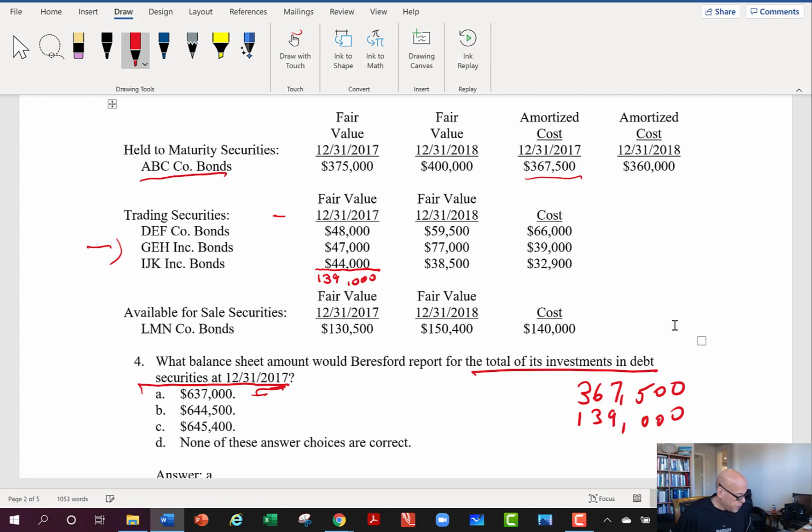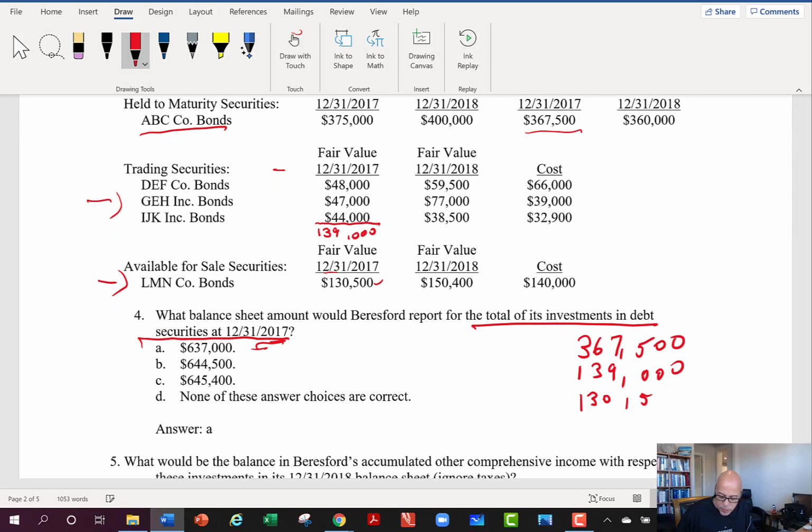Then I come over, and this problem only made me do some grunt work here for just that trading security. Fortunately, there was only one security in the other two categories, and that's my available for sale. Again, I always like to check that date, and you can see there it has a fair value of 130,500, and since it's available for sale, I'm going to pick up the fair value.